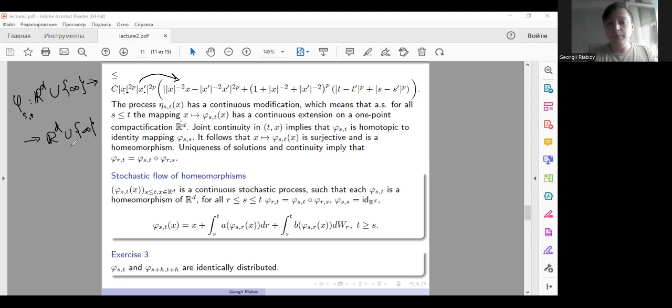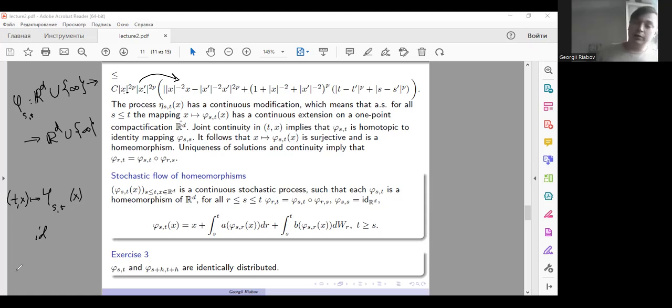So mappings phi can be extended to mappings of the sphere, and in fact, these mappings are continuous in s, t, and x. In particular, they are continuous in t and x. When t is equal to s, we get just the identity mapping.